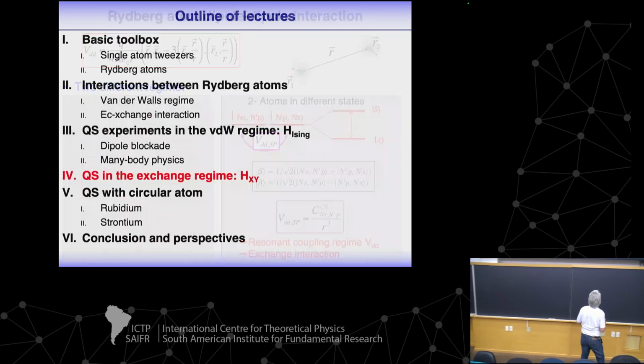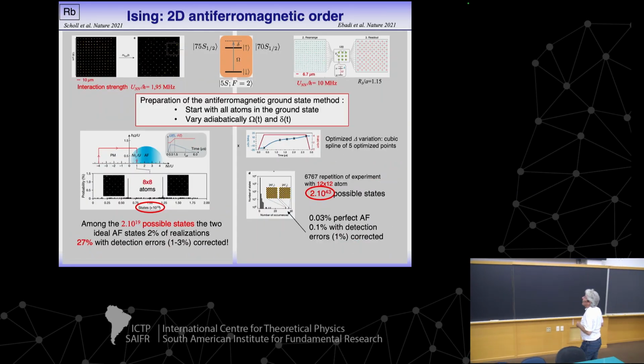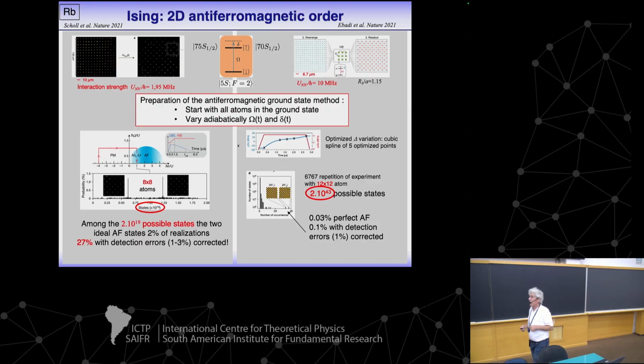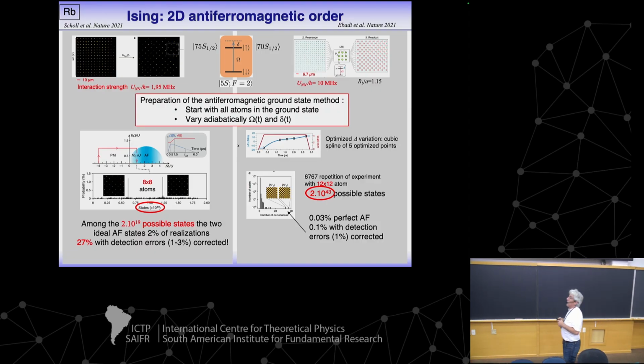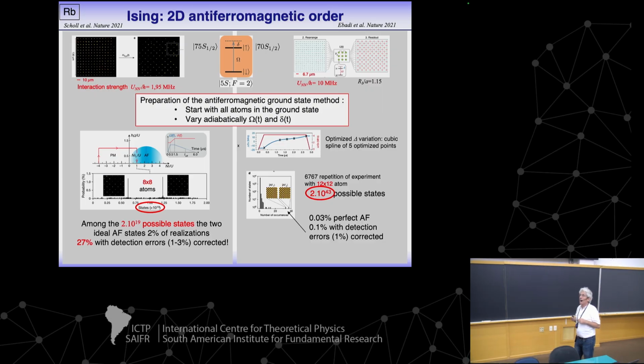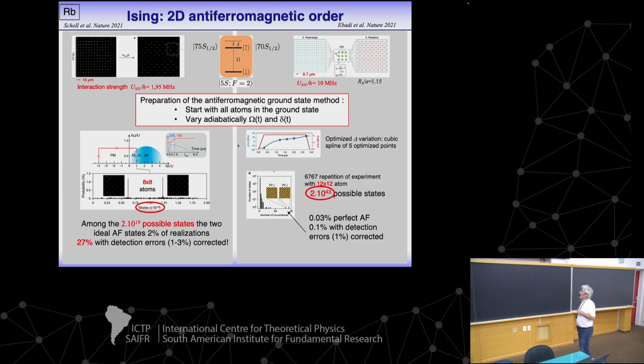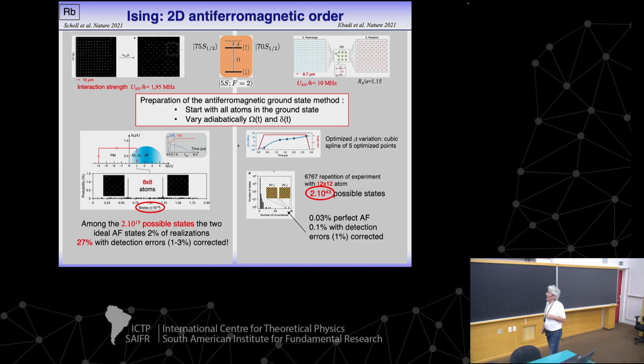And then you said there was a very low probability of preparing the ideal state. I was wondering, so they have to really post-select? In each 100, they have two that are really antiferro and they throw away everything.